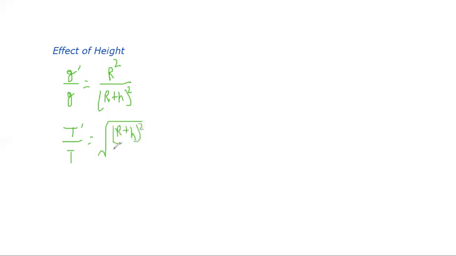We all know that g'/g is equal to R squared over (R plus h) whole squared. So T'/T is equal to √(g/g'), which is equal to (R plus h) by R. This is how the time period varies with height.